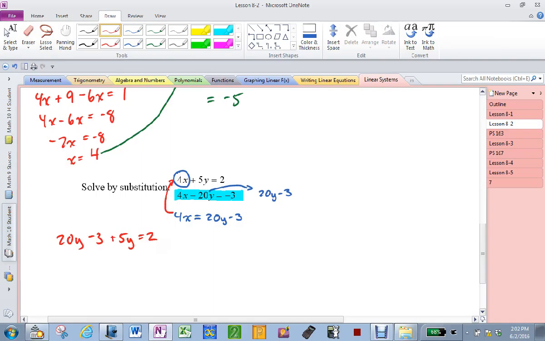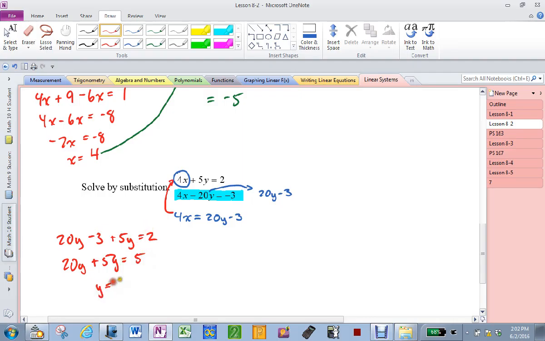Does everybody see what we did there? We just went one step further. We didn't isolate. We saw that they're the same thing. So now we can solve this, can't we? We'll get to it. 20y plus 5y equals 5, yeah? Because that's coming over.